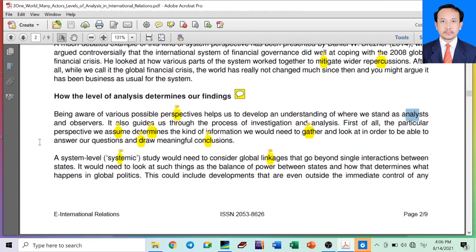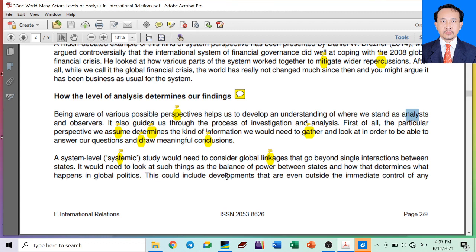A system level, or systemic, study would need to consider global linkages that go beyond a single interaction between states. It would need to look at such things as the balance of power between states and how that determines what happens in global politics.